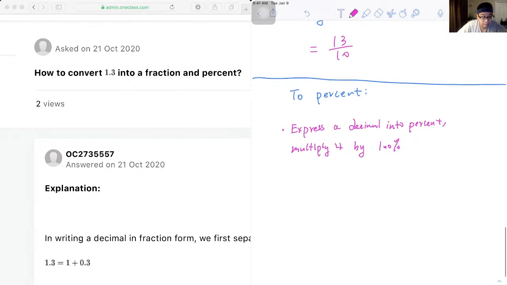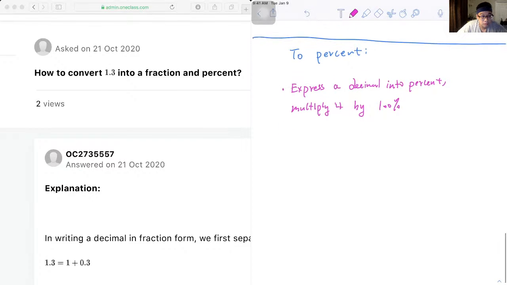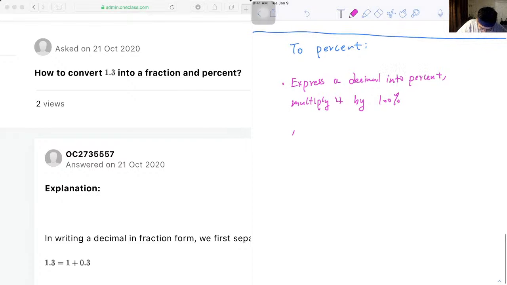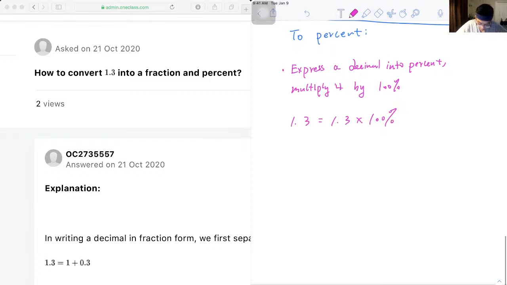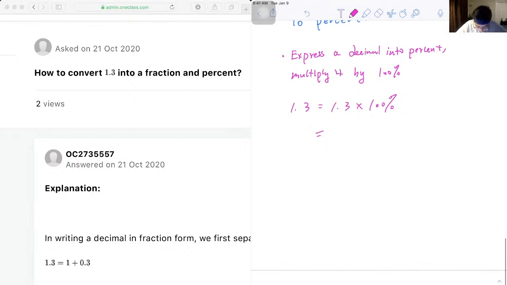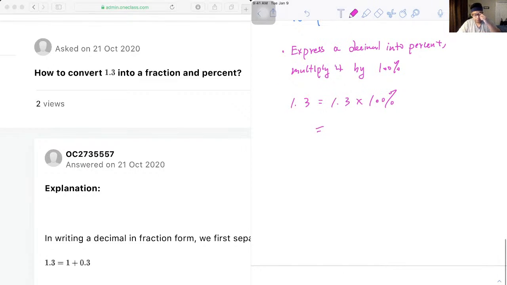Okay? So 1.3 is equal to 1.3 times 100%. And so that means we need to move the decimal point to the right for 2 units, and we add a percent sign at the end. So that's going to be 130%.